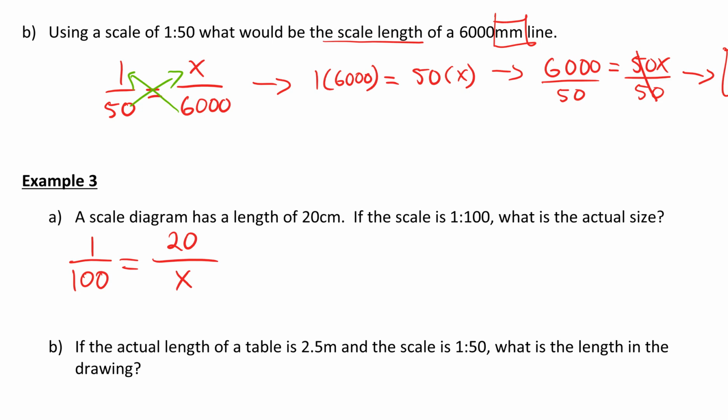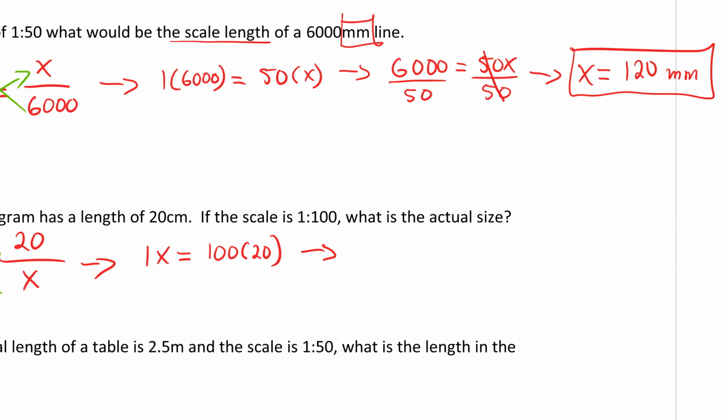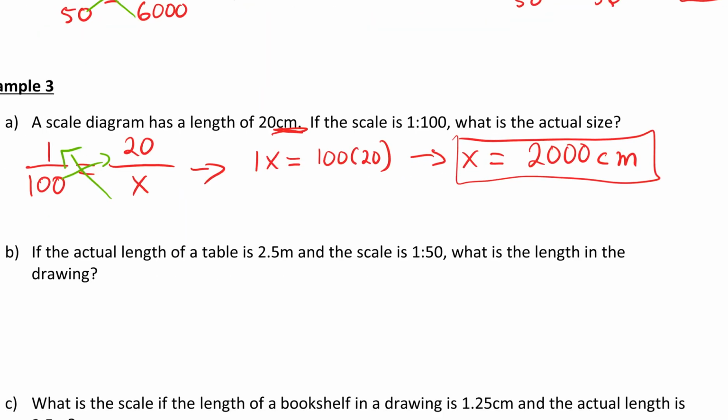We set up our cross multiplication. So we have 1x equals 100 multiplied by 20. Now if we take this further, we have x equals 100 multiplied by 20, which gives us an answer of 2,000, and our unit is going to be centimeters. And that'll be our final answer.